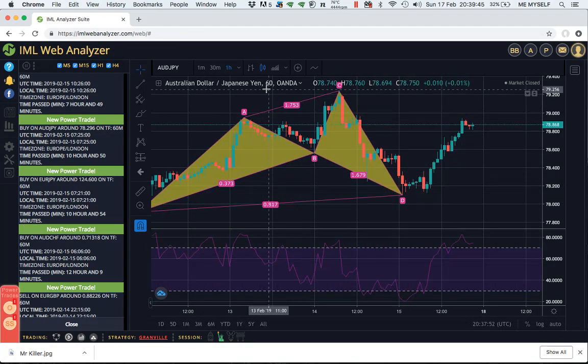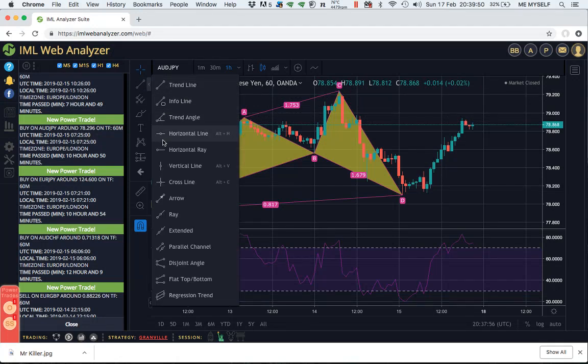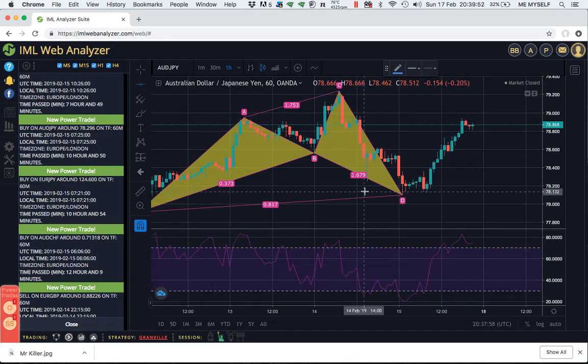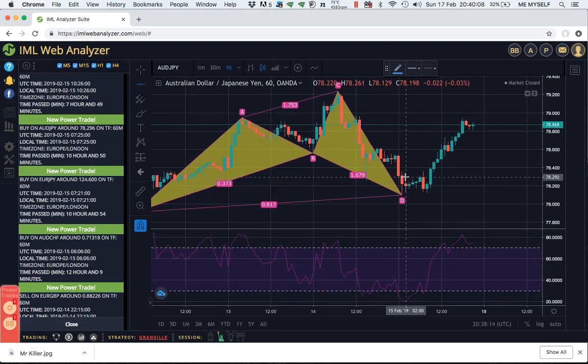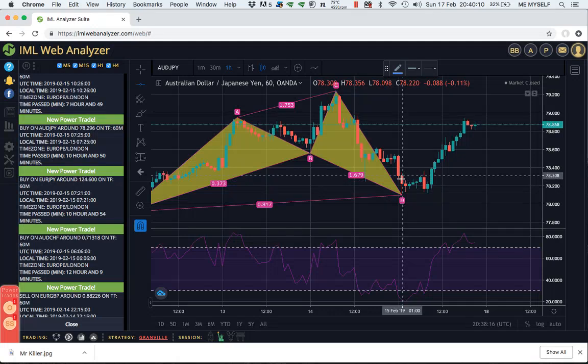Let's plot where the trade itself was called. All right, so we have 78.296. As soon as you see that price, you know you're very close to a quarter point, right? 78.296. Let's see what's cracking on there.